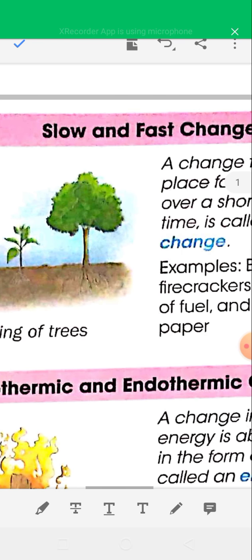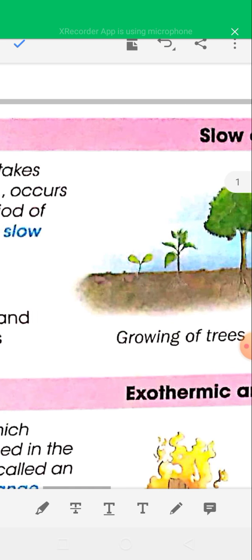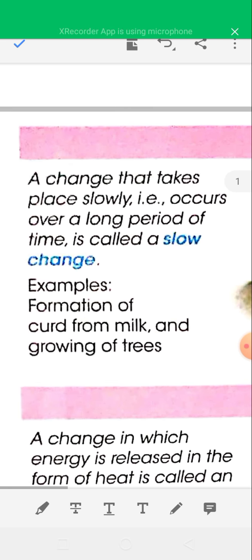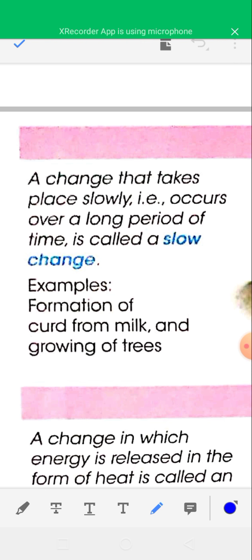Next type of change, slow change and fast change. A slow change is a change that takes place very slowly, that occurs over a long period of time.